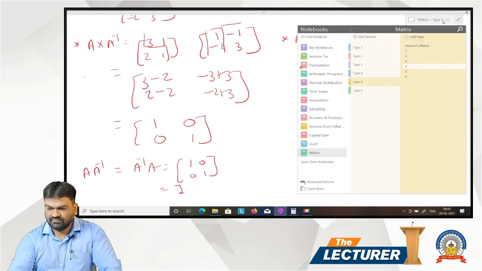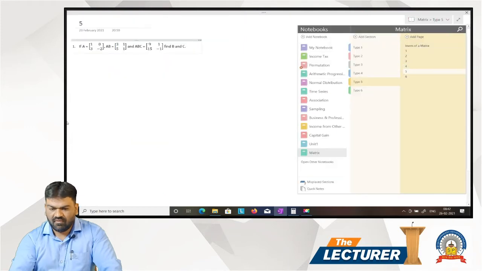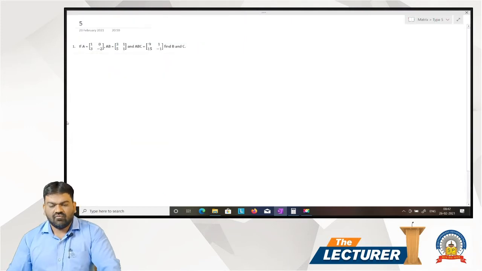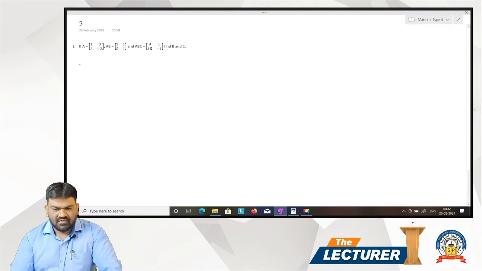Next, example number 5. A is [1 0; 3 minus 2], AB is [3 1; 5 1], ABC is [9 1; 15 minus 1]. Find BC. Okay, here AB is given as [3 1; 5 1].